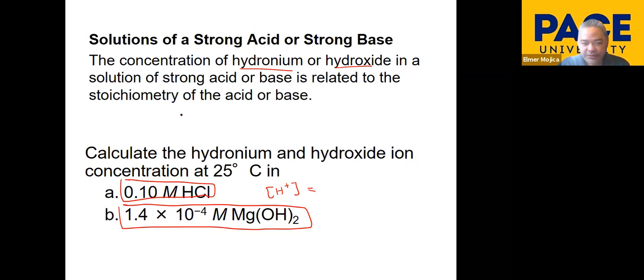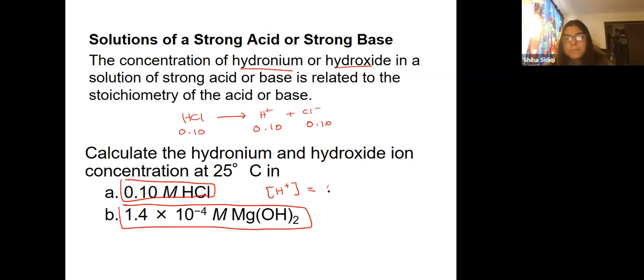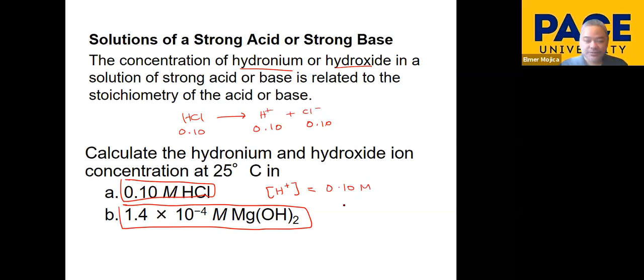If you're not sure, you have HCl. What happens to the HCl? It will dissociate to give you H plus and Cl minus. Based on the concentration, you have 0.1, and here it will also give you 0.1 and 0.1. So the H plus, at least for this one, is 0.1 molar. So this is the easy one.